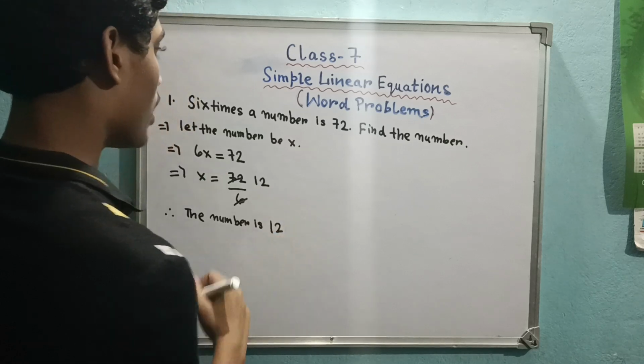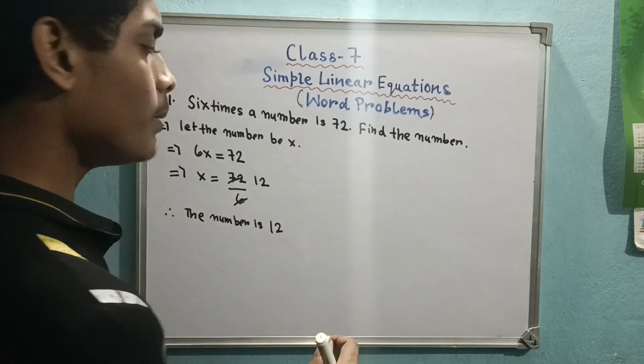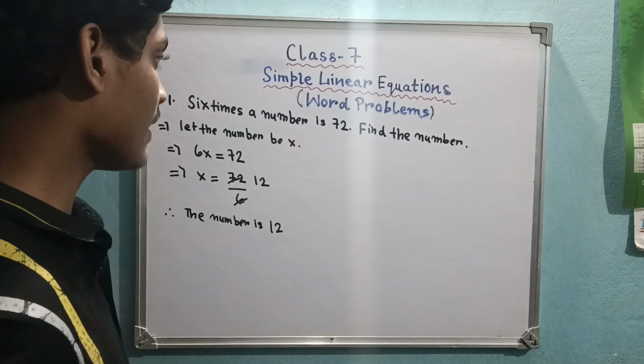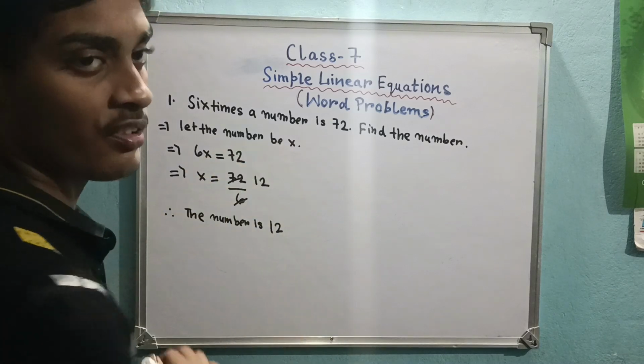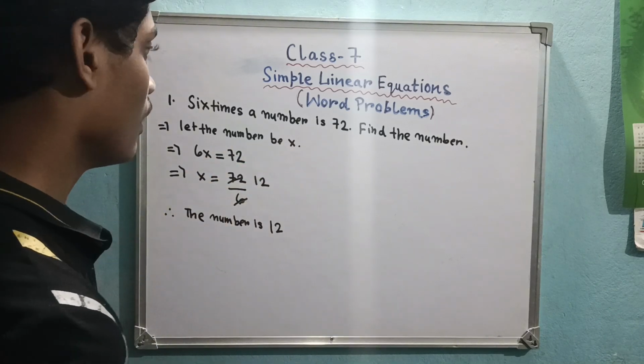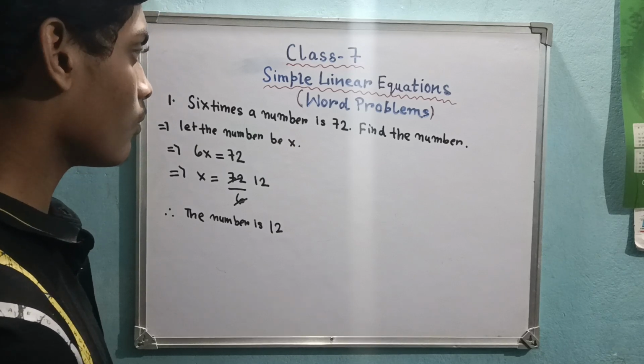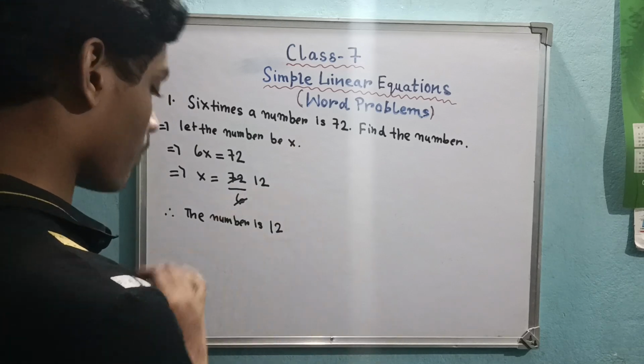So, what are problems like this? You will be told to find something, take that as x and then solve the equation with the help of the given values. Very easy. Let's see what other types of sums there are in these problems.